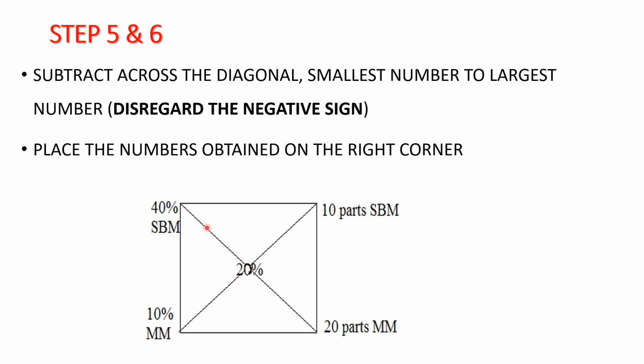And also from this diagonal, where we have subtracted 20% from 40% soybean meal, we have indicated maize meal. 20 subtracting 40% soybean meal, but here we have indicated 20 parts maize meal. The reason is the same: the 20% should be the mixture of maize meal and soybean meal.